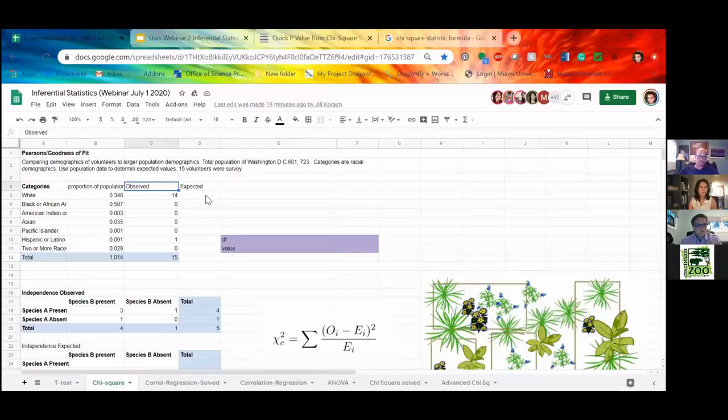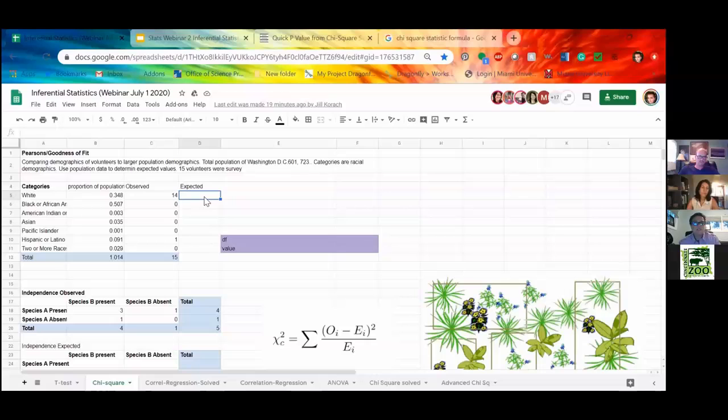So now here's where I have to do the calculating. I know that I want my observed and my expected to match, and when I say match, I mean match in number. I'm saying, okay, if I have 15 volunteers in front of me, how many of them, if they represented DC perfectly, should be white or Black or American Indian or anything else?